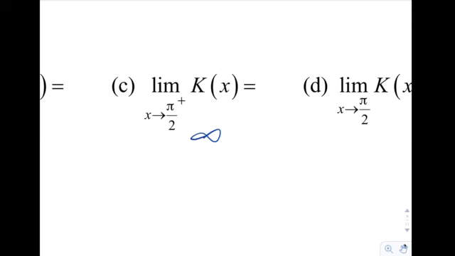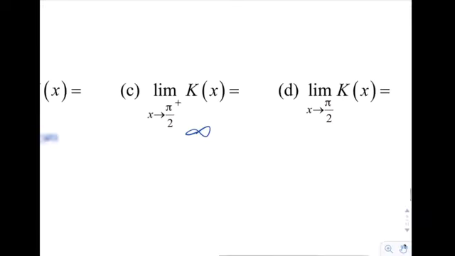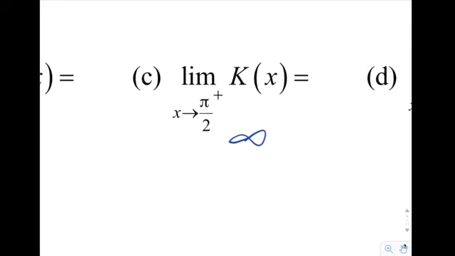And if you're just to the right of 90 degrees, like at 2 pi thirds, what is secant of 2 pi thirds? Negative, who cares? Right. Secant is negative everywhere in quadrant 2 and positive in quadrant 1. So when you're coming in from the right of pi halves, you're coming in from an angle that's larger, in quadrant 2 where it's negative. Okay? So you can do it that way.